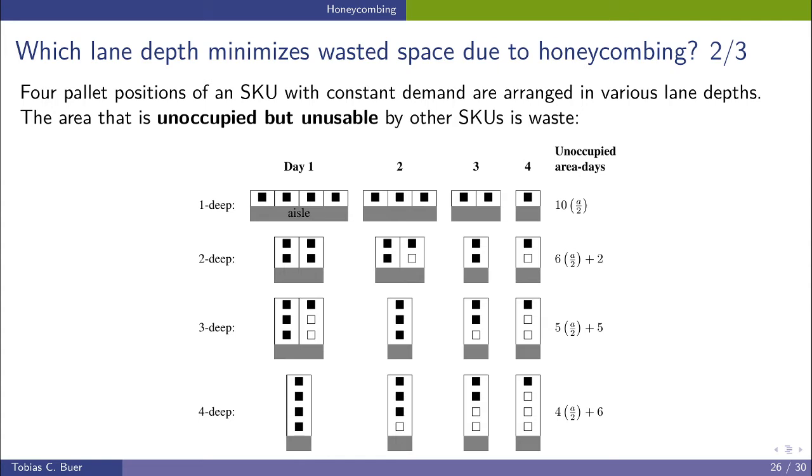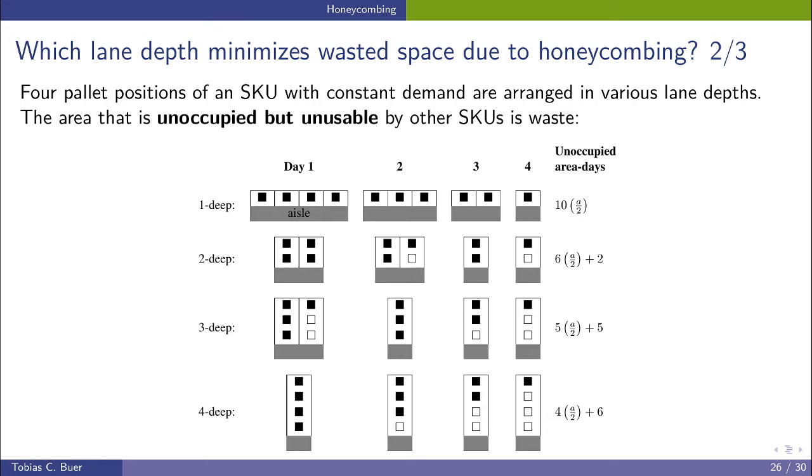On day 1 we have 4 aisles, on day 2 we have 3 aisles, on day 3 we have 2 aisles in use, and on day 4 we have 1 more aisle. So in total we have 10 lanes in use, and for each lane A over 2 is the wasted, the unoccupied space. So the unoccupied area is given by the formula 10 times A over 2.